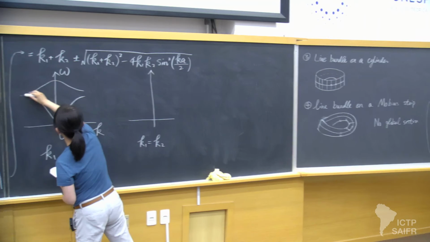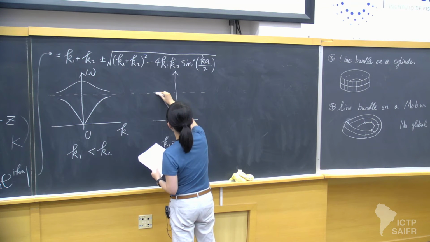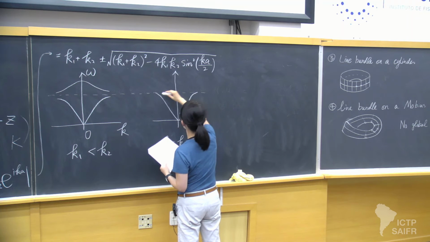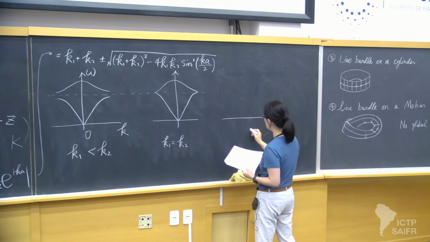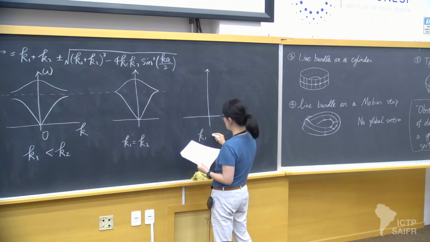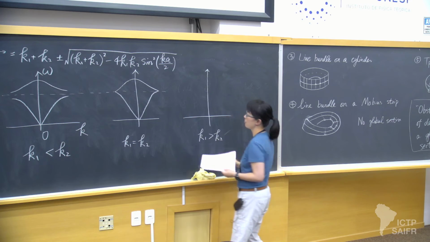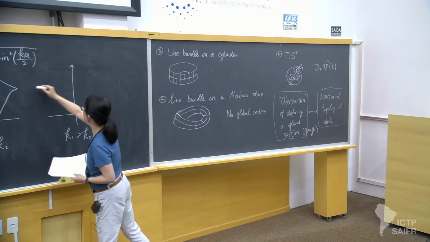So let me just make it easier to compare. And what happens if you change the K1 to be greater than K2? The gap opens again, right?